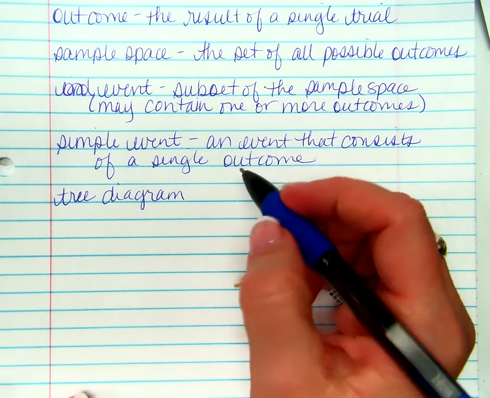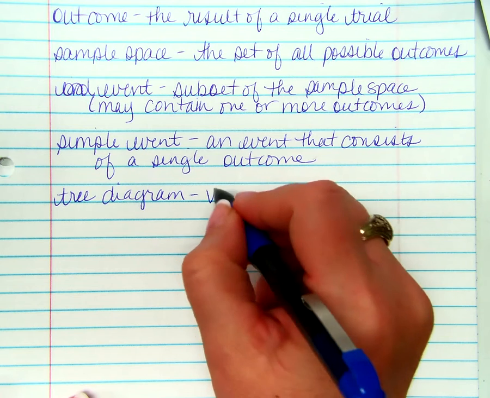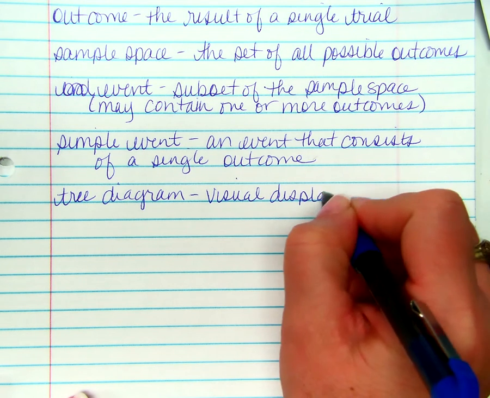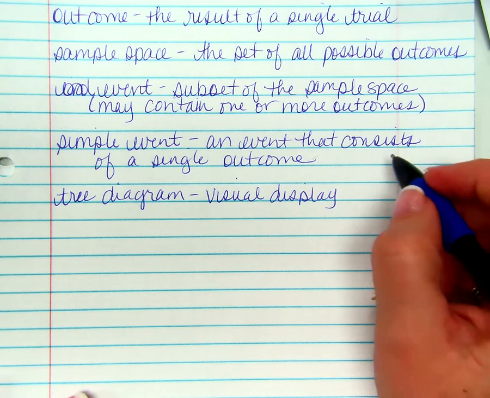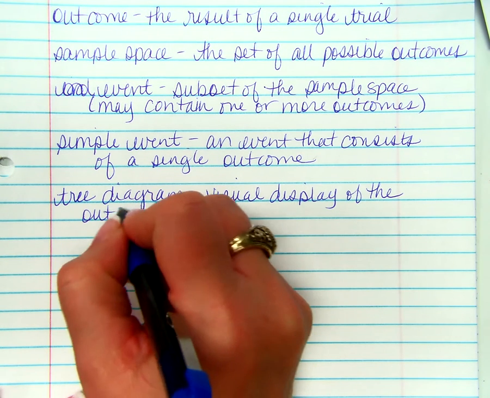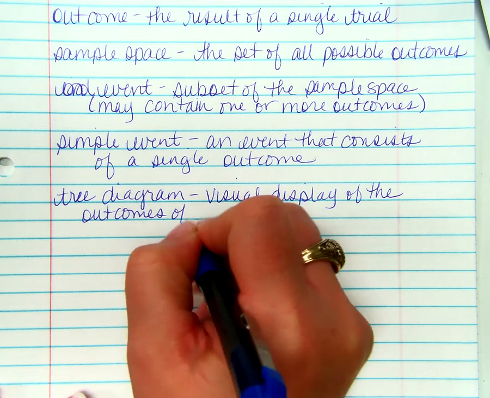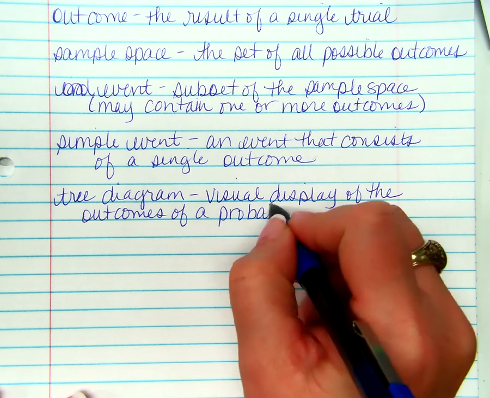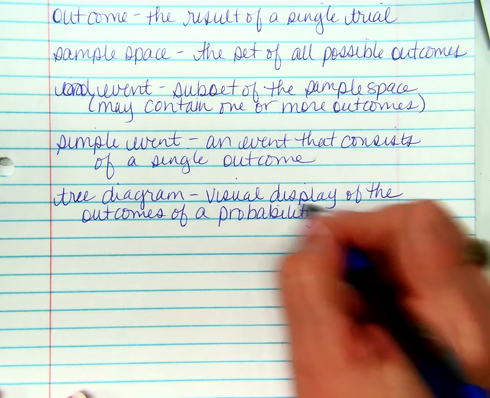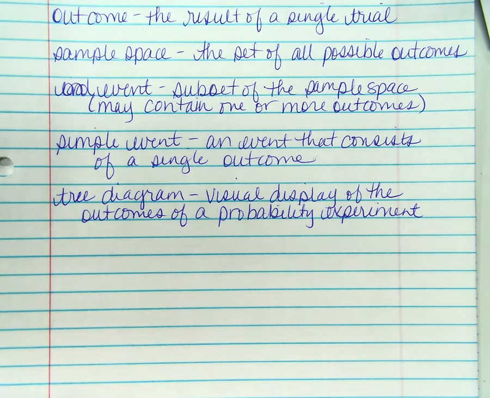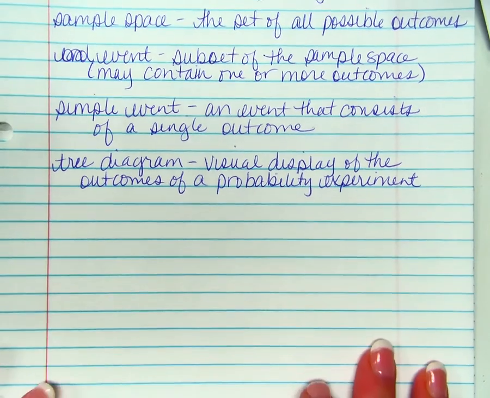It's a visual display of the outcomes of a probability experiment. Okay? So I want you to see an example of this tree diagram though.